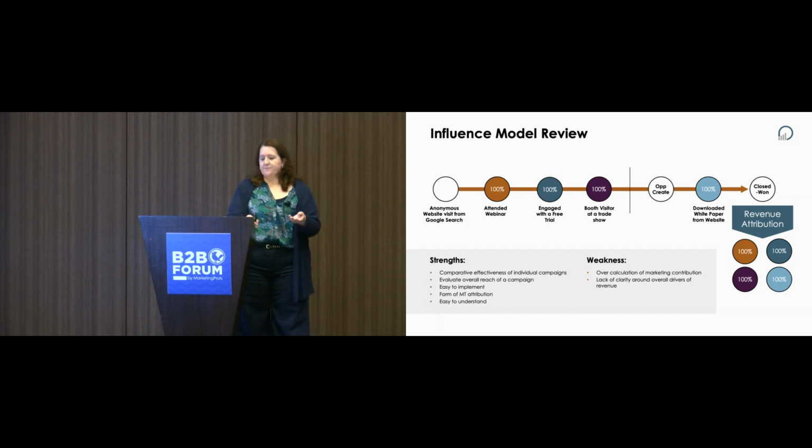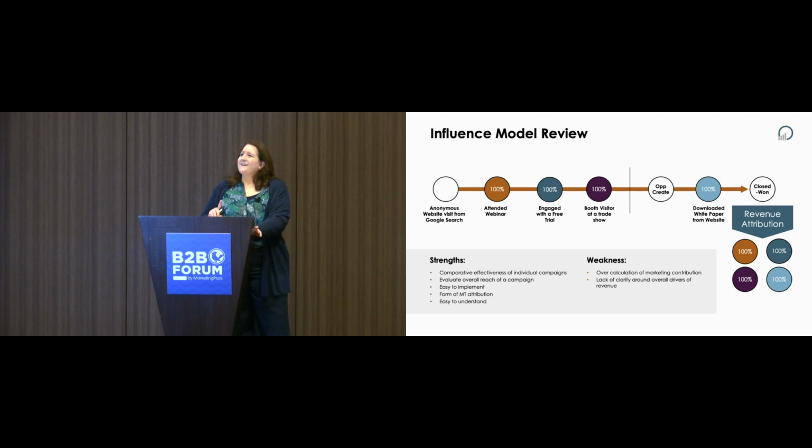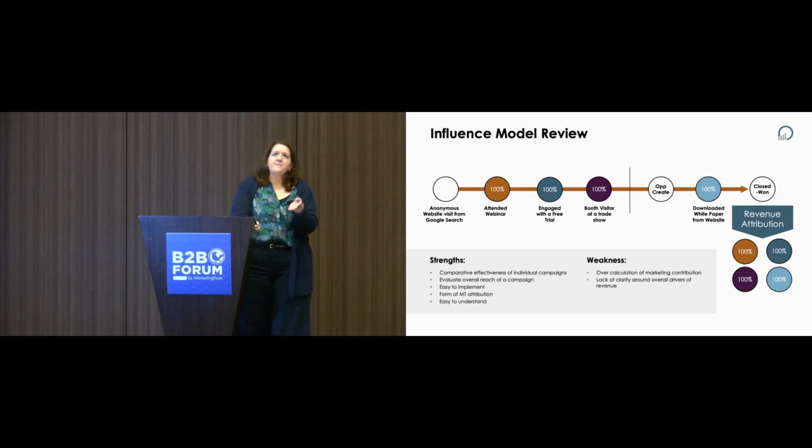Second, it is a type of multi-touch attribution. I gave it its own category because one of the defining characteristics of a multi-touch model is this calculator. But essentially, the influence model does include all the touch points that influenced a single deal. And finally, the influence model is just easy to understand.